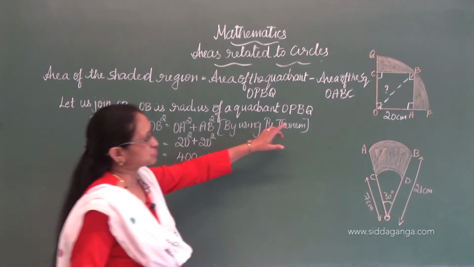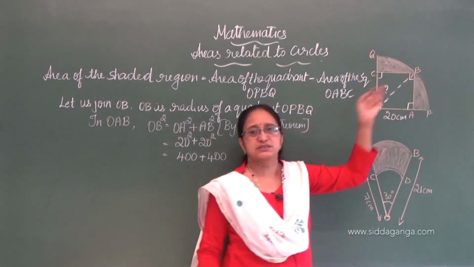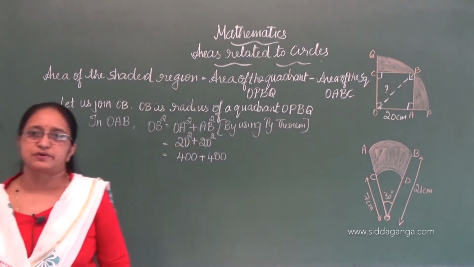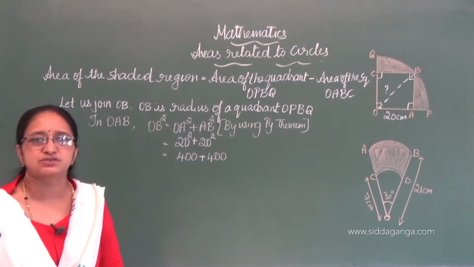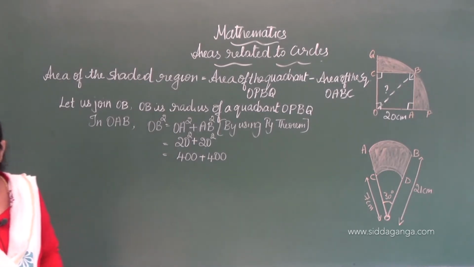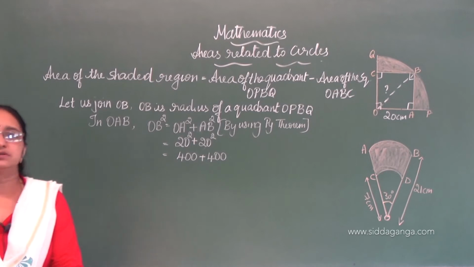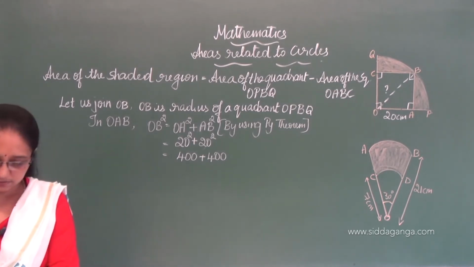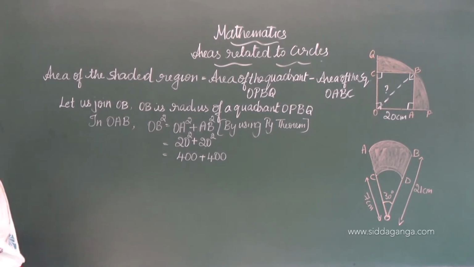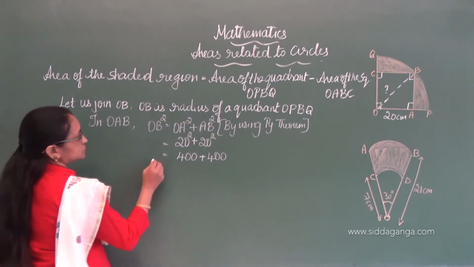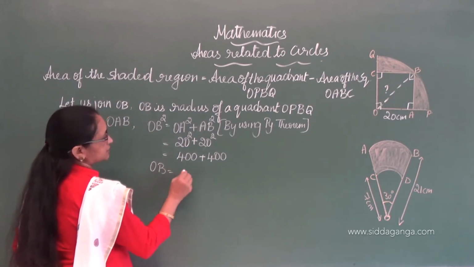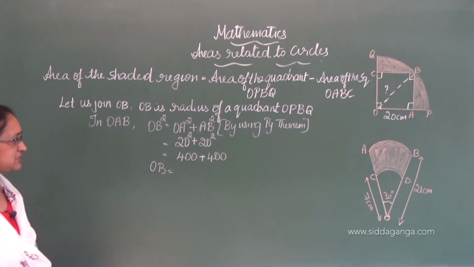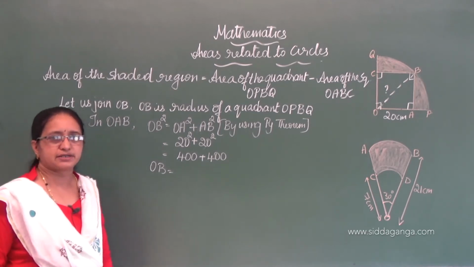So, why we have to join this OB? It's a diagonal of a square. And also it is a radius of a quadrant. So now let us find out the diagonal. Now, OB square is equal to, so this actually we can write it as 400 plus 400 is equal to 800.